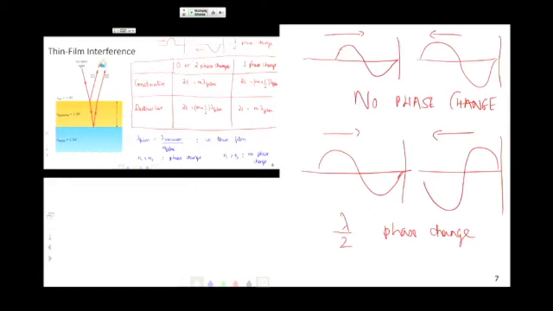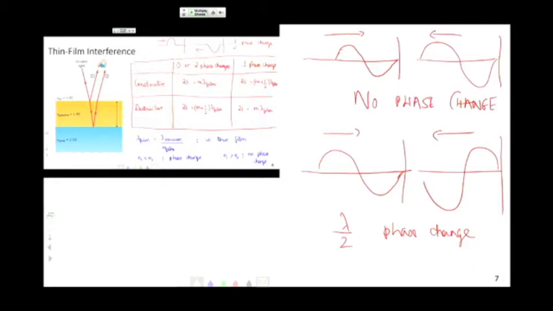So the condition for constructive interference in that case is that the path length difference be equal to a half integer times the wavelength. So if I'm going from air to gasoline to water, where air's index of refraction is lower than gasoline and gasoline's is higher than water, how many phase changes will I have in this particular picture over here?